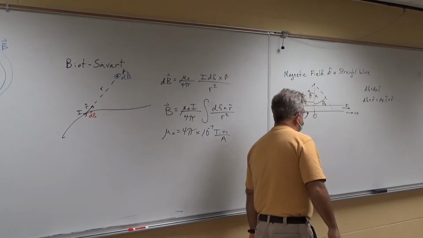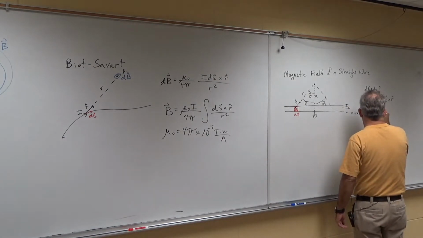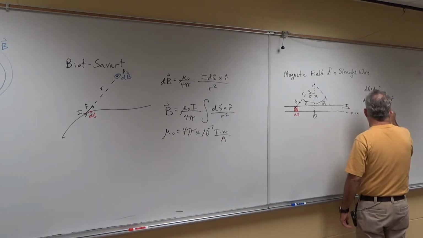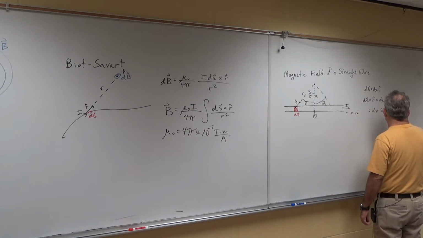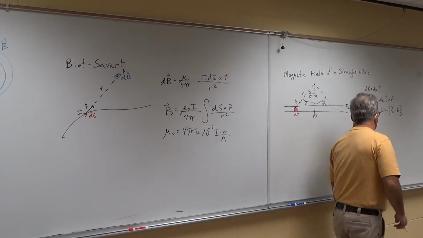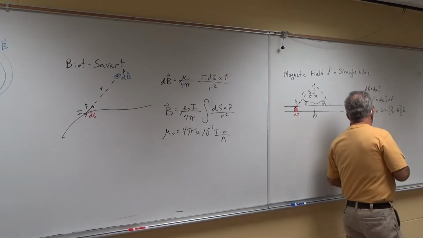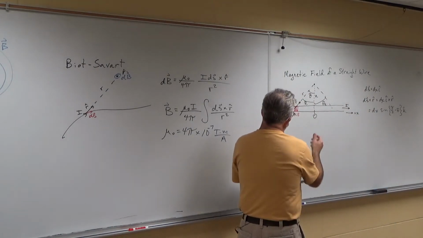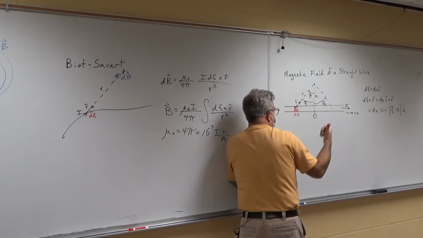That's going to be equal to dx times sine of pi over 2 minus theta, k hat, because i hat cross r hat is in the k hat direction.